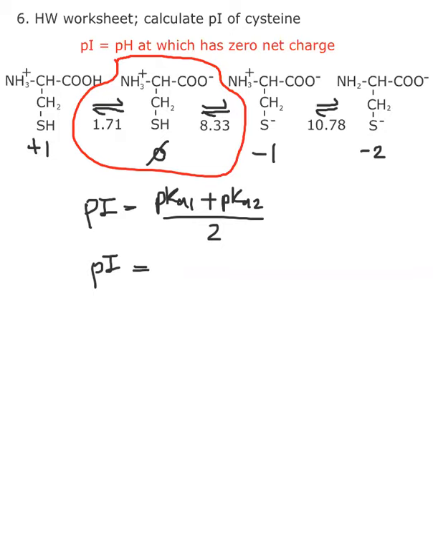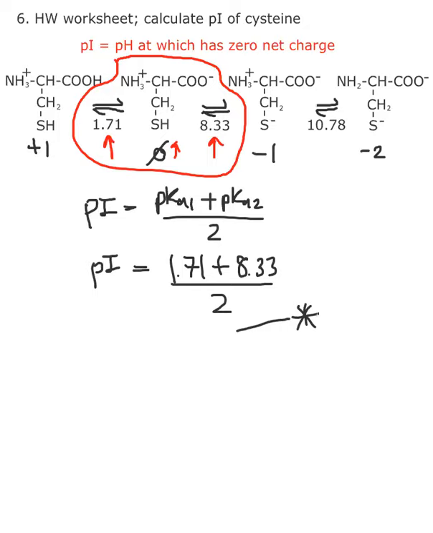It's actually the pKa that covers the structure. If the structure falls in the middle of the 2 pKa here, so you use the pKa 1.71 plus 8.33 divided by 2. And this is the value of the pI for cysteine.